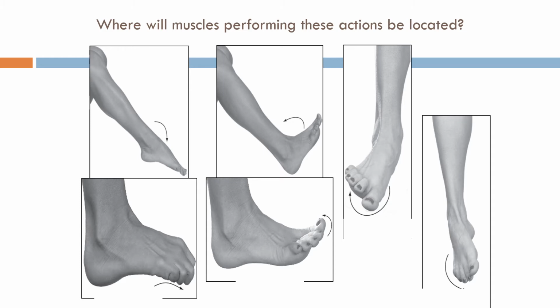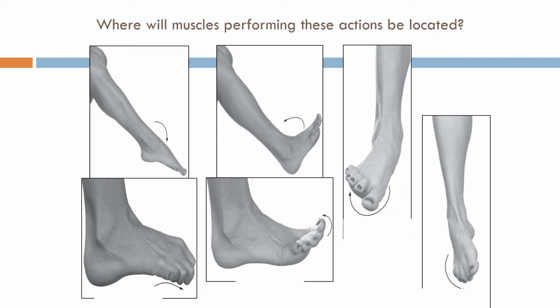Okay, so if we look across, this represents all the actions we talked about. Okay, here's plantar flexion, dorsiflexion, eversion, inversion, toe extension, toe flexion. Okay, so just in general, where would these muscles be located? Okay, so there's ways you can group this stuff.